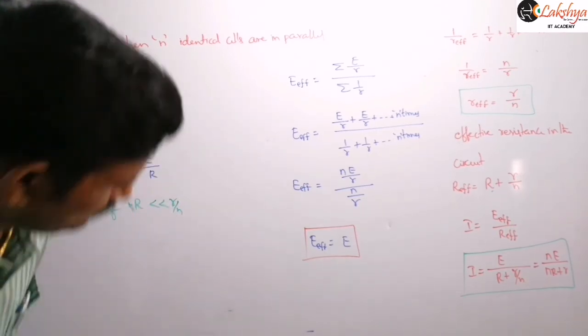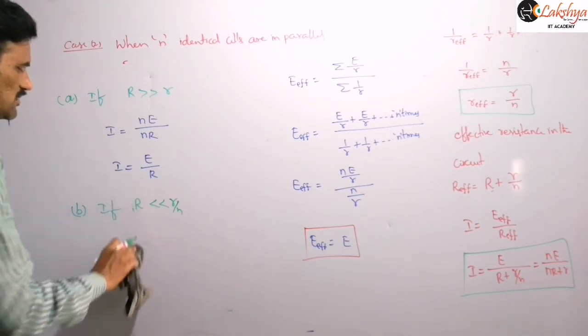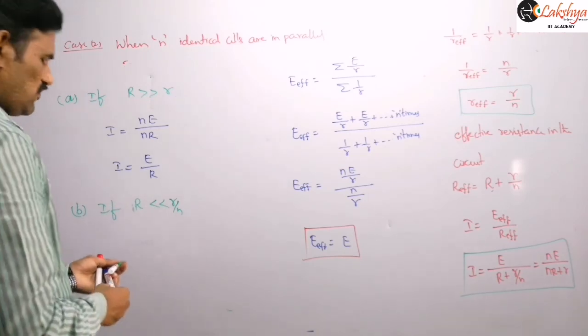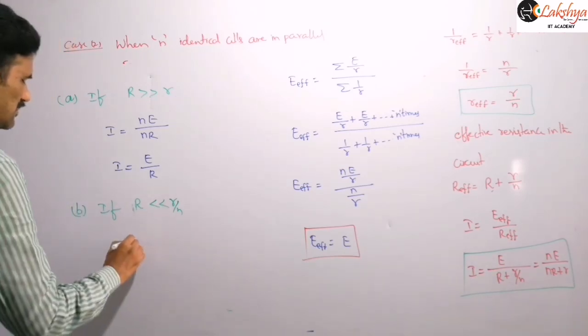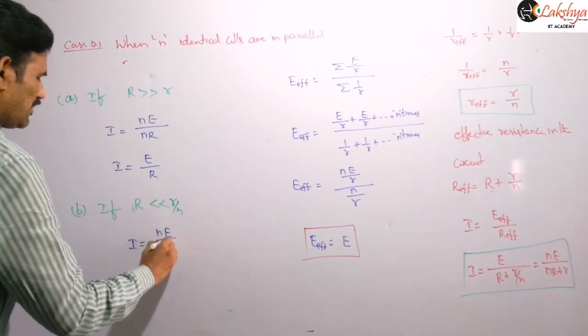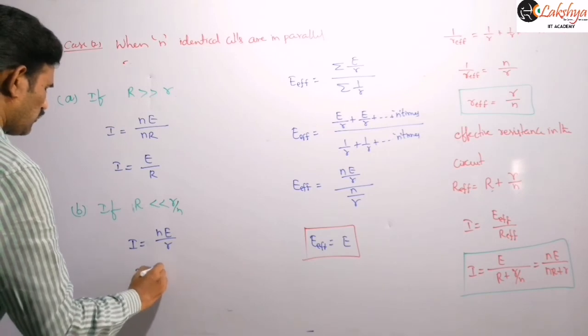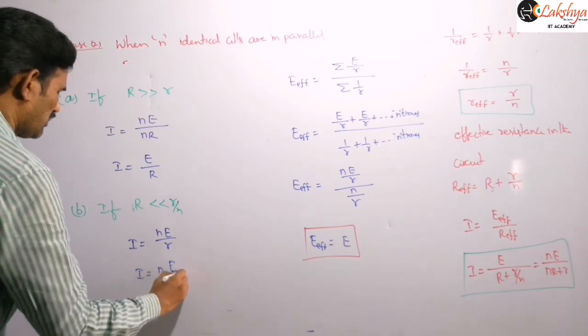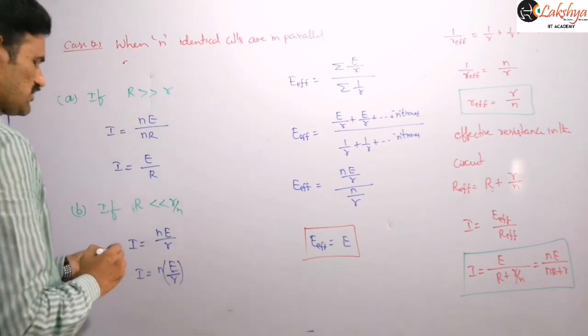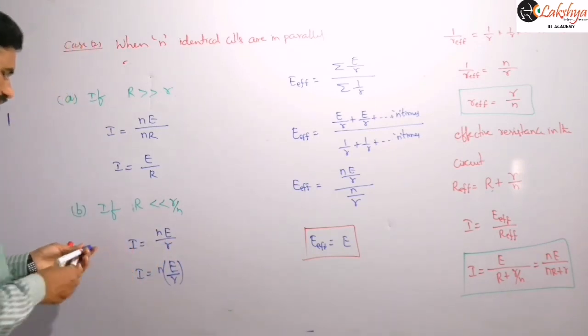When this condition is satisfied, then for the total current equation I can write I is equal to nE by r. Therefore this will be n times E by r. That means if you are increasing the number of cells, then automatically current also increases in this condition.